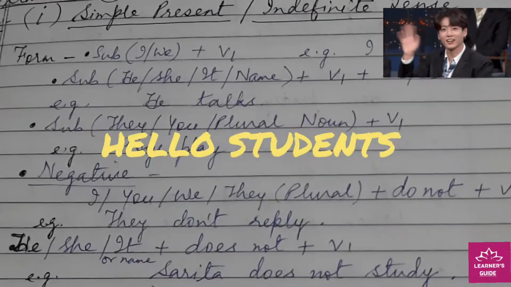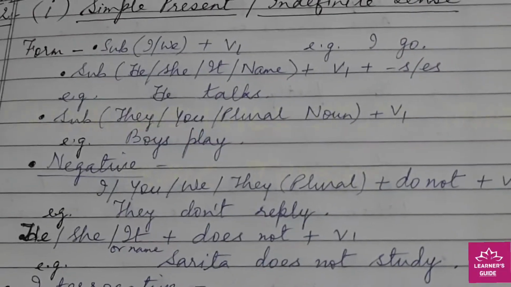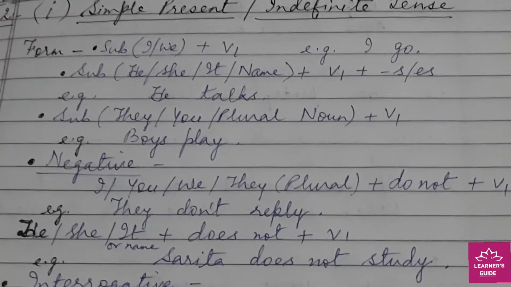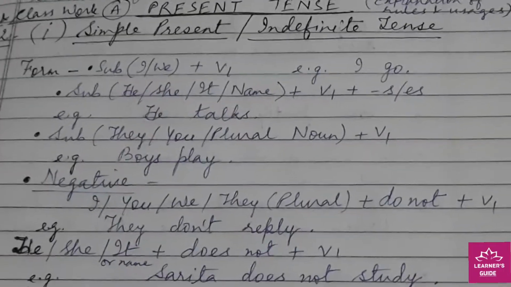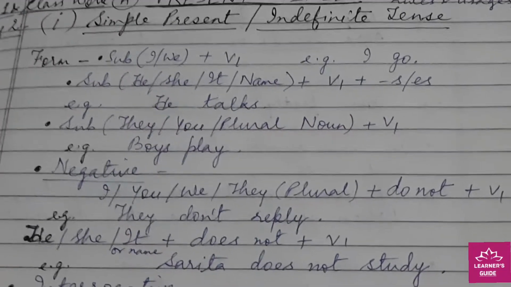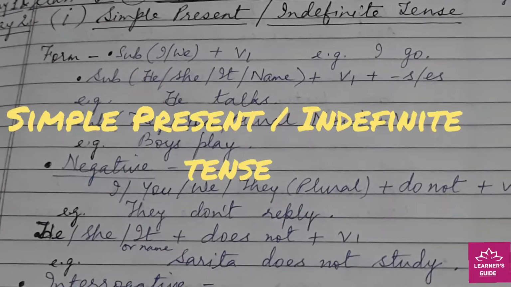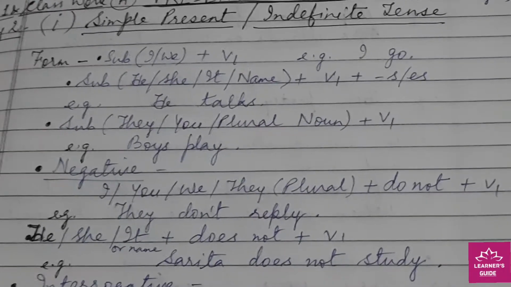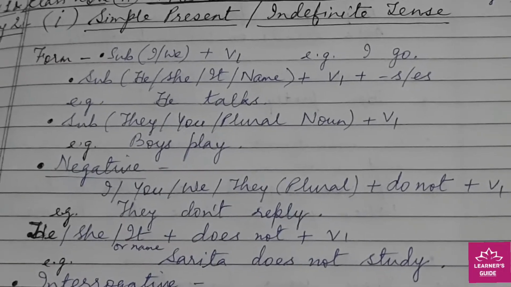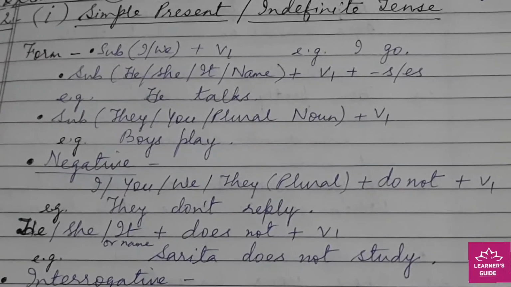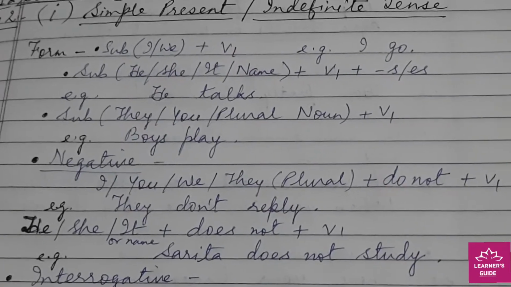Students, today we will study the topic tenses. In that, first of all, we will take present tense. Okay, and in present tense, we start with simple present or indefinite tense. And let's discuss the form of this tense, that how do we frame sentences in simple present tense or indefinite tenses.